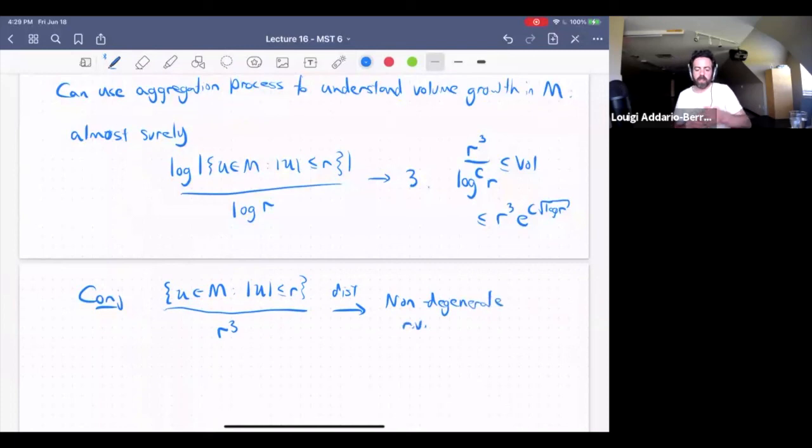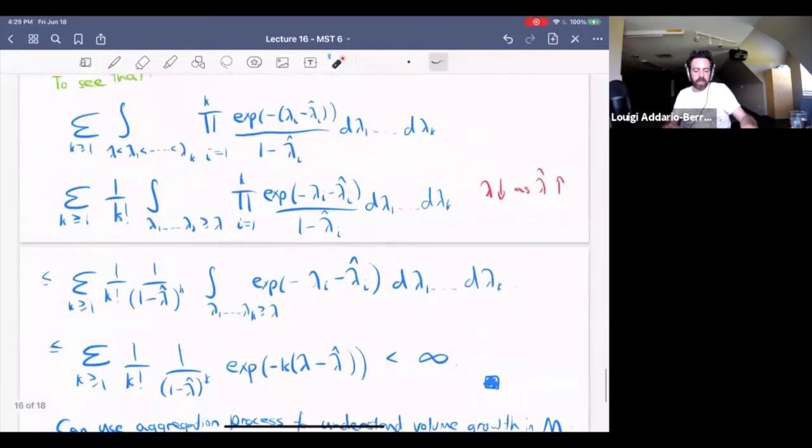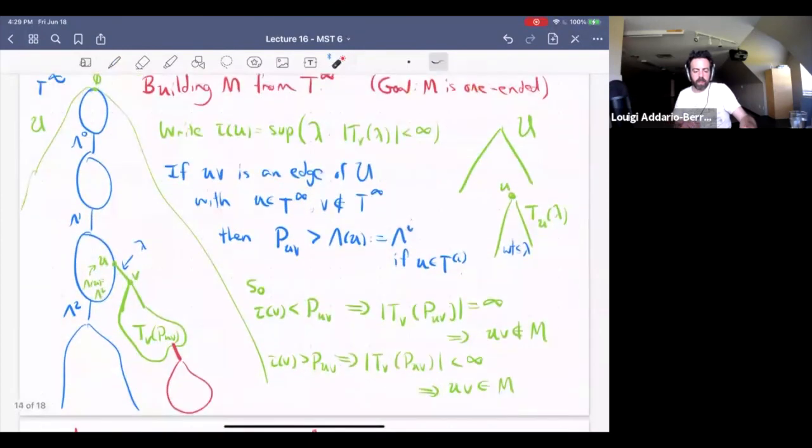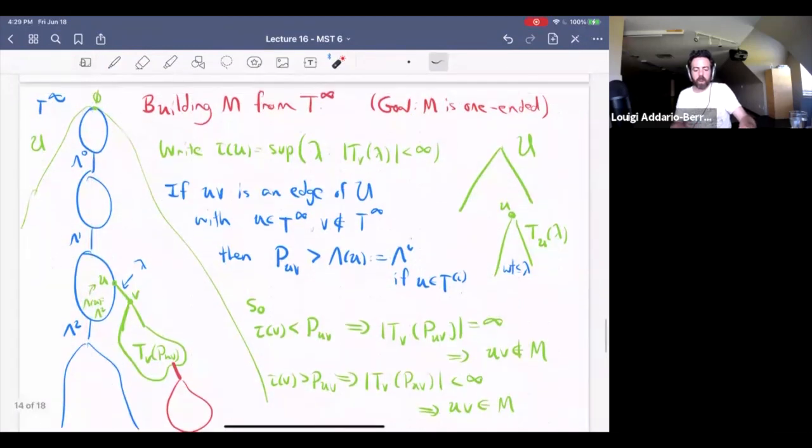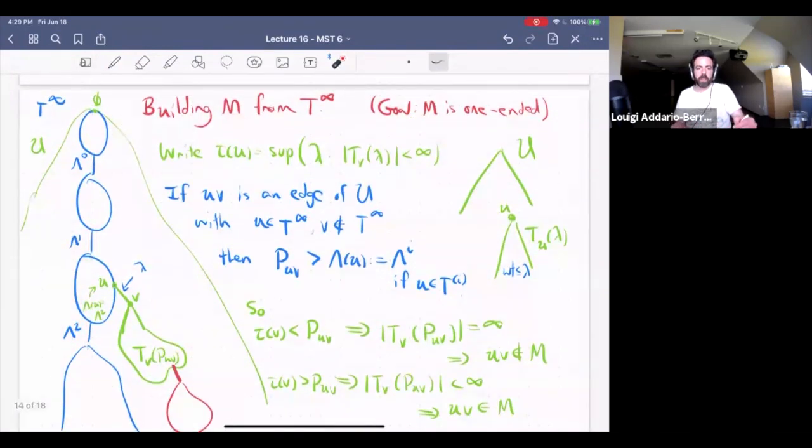It would be very nice, because finer information is known about T infinity, like how the random walk behaves on it, its typical distance from the origin. Not enough is known about M yet to say the same things, so it's probably a fairly fertile playground to study this tree in more detail.